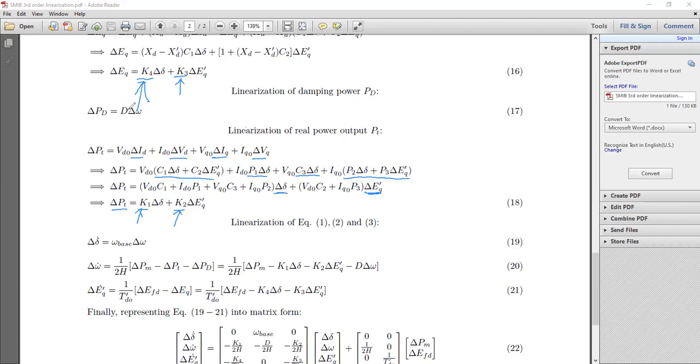Even for multi-machine system, they use the same notation, the K constants. So in general, these are known as K constants. So up to now, what you have learned is how to derive actually the K constants for the single machine infinite bus system, third order model.